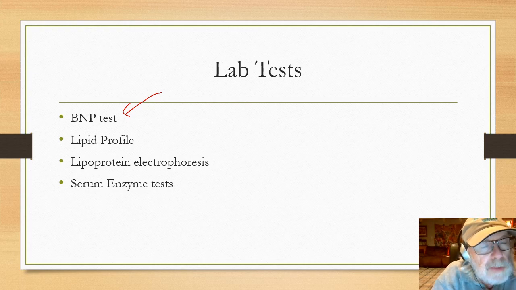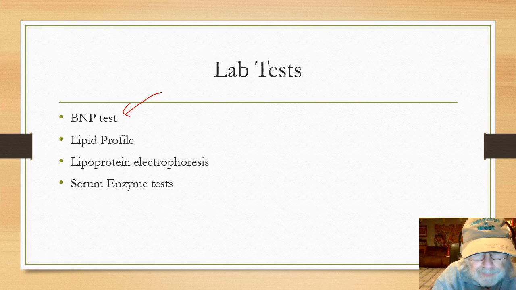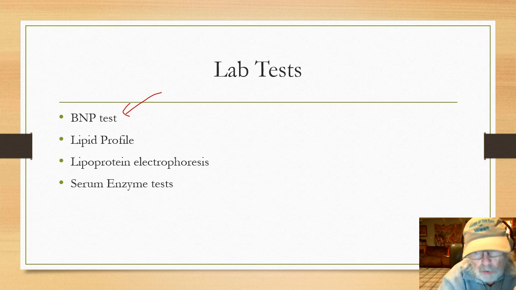What happens when people have heart disease or heart failure is that a lot of blood comes back in and the ventricle starts to stretch. And when the ventricle starts to stretch, what's it going to do? It's going to release BNP. But if the muscle's not strong enough to pump, it's like doing nothing. So the BNP levels will rise, but the failure gets worse simply because the heart can't pump any harder.